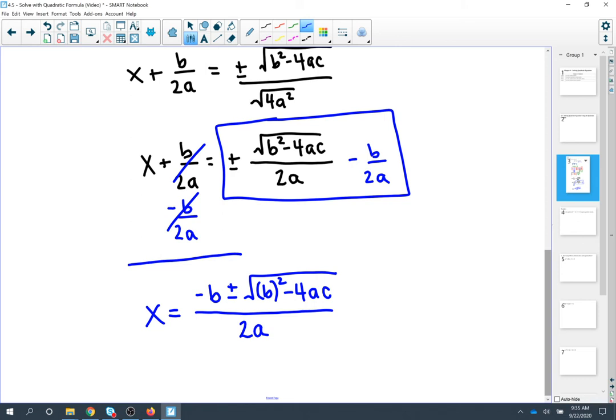This is the quadratic formula. X equals the opposite of b plus or minus the square root of b squared minus 4ac all over 2 times a, and this will solve any quadratic equation for any given a value, b value, and c value.